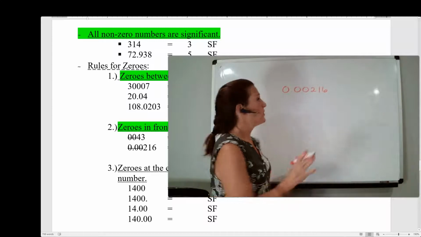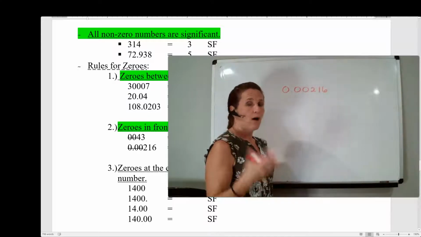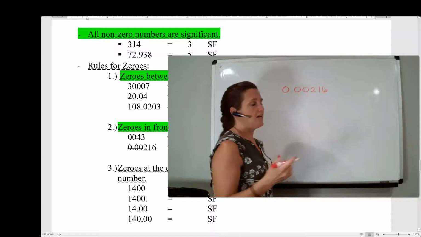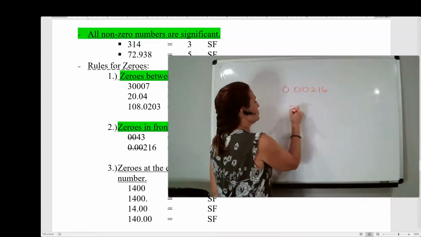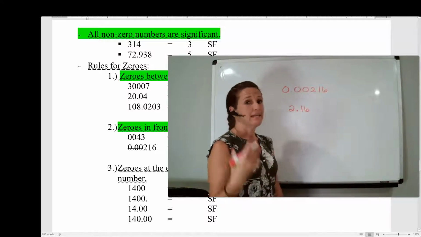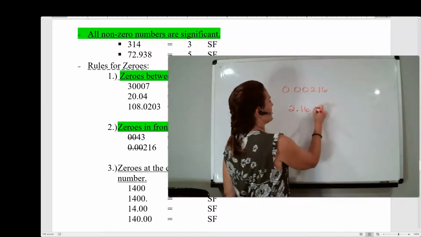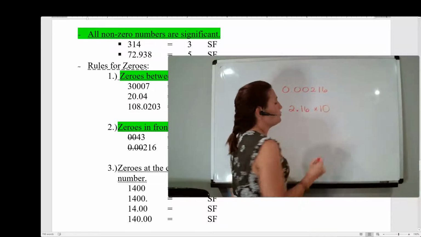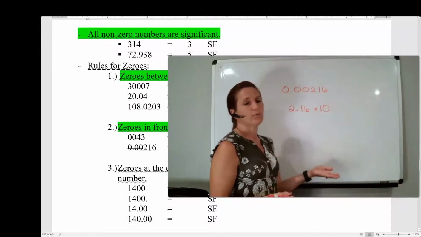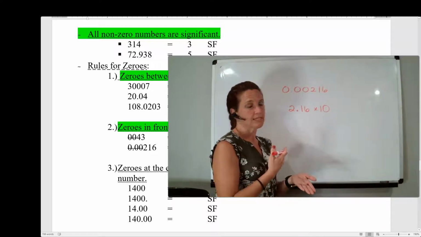In this case, I have a 0. That's not going to work. So I'm going to have to move my decimal place until I get one number to the left of the decimal place. So I get 2.16. Now that I have 2.16, I'm going to say times 10 to the, and then my exponent is going to give me directions about how to move my decimal place.